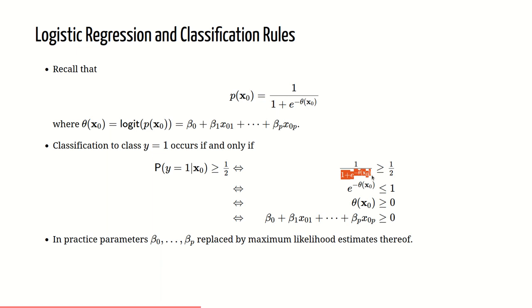And the only way that this can be less than 2 is if this exponential bit is less than 1, right? So thus we get this equation here. And then we can just take the logs and do the negation. The only way that an exponential of a negative number is less than 1 is if that number is positive. So we're going to assign to class 1, which is the second class, so y equals 1, if and only if the linear predictor is positive.